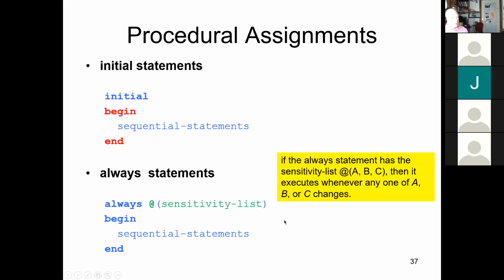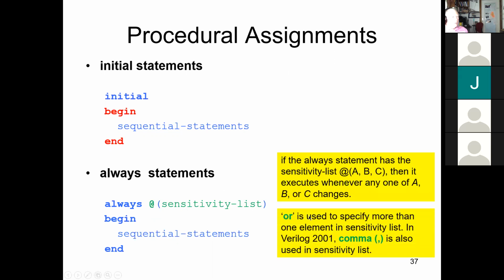Okay, so in the sensitivity list, if you have variables A, B, C, then it would execute whenever A, B, or C changes. But remember, we almost always will designate an edge if it's real sequential logic. Sometimes, instead of using commas, the old notation was A or B or C. It doesn't matter.